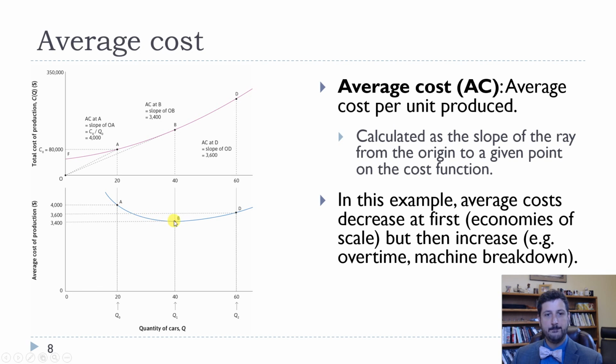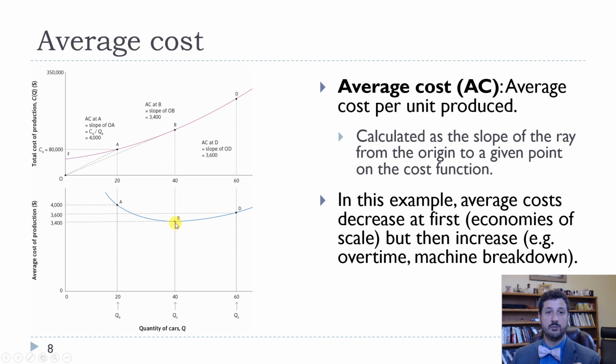But at point B, we're producing 40, and they don't actually tell us what the total cost is, but our average cost is 3,400, right? That's the slope of the ray going from the origin to point B. So our average cost has fallen from point A to point B, and point B is the minimum of our average cost in this example, right?